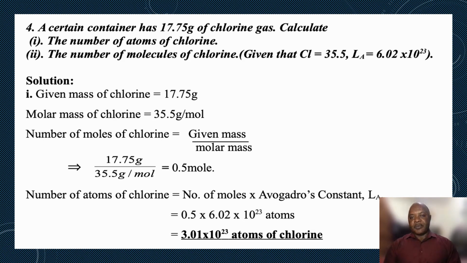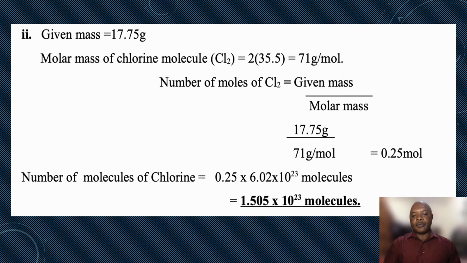Still using 17.75, to have the number of moles of the chlorine molecule, it will be 17.75 divided by the molar mass of the chlorine molecule, Cl2. It will be 35.5 times 2. We are dealing with molecules now. So 17.75 divided by 71 gram per mole, and it will be 0.25 mole.